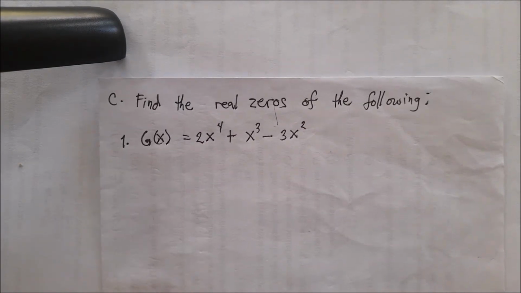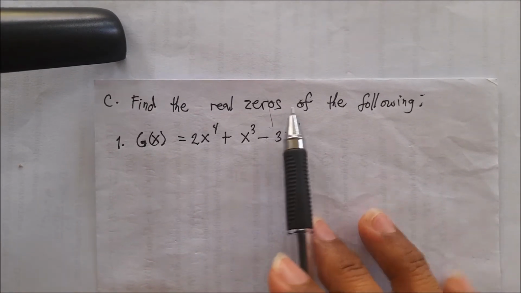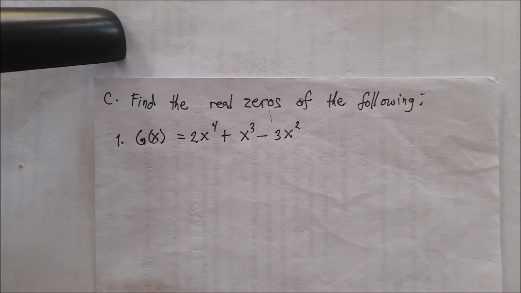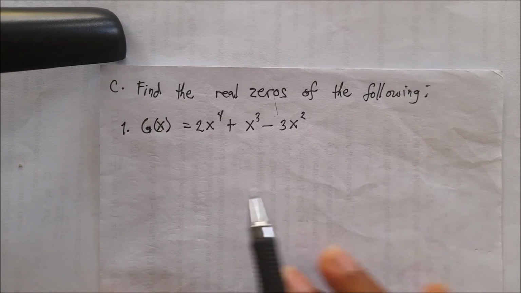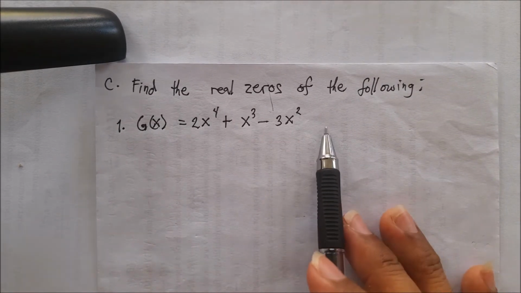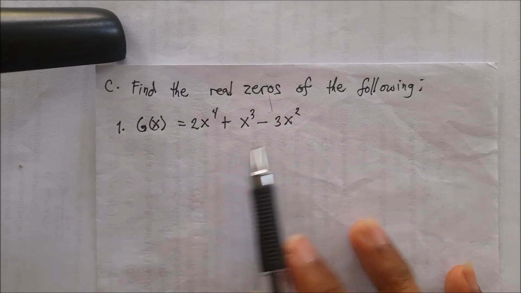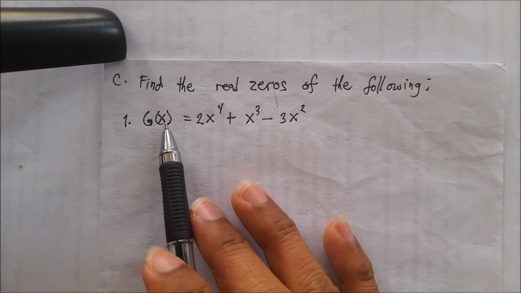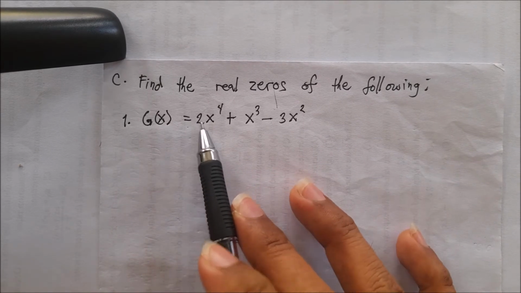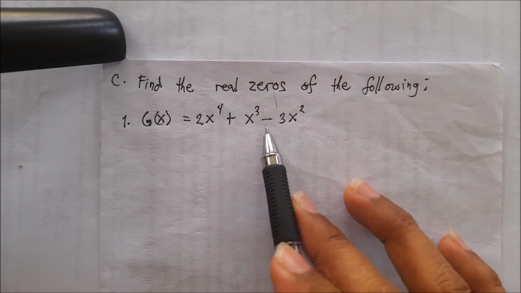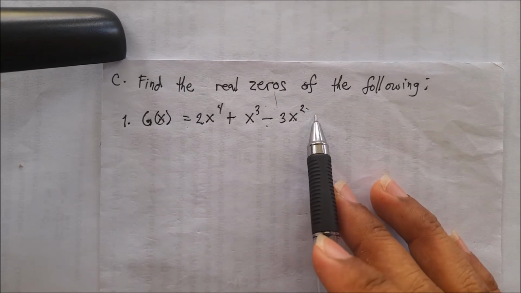Now the last question is to find the real zeros of the following. To find the real zeros, you can factor the given, or you can use synthetic division. G of x equals x raised to 4 plus x raised to 3 minus 3x squared. What is the factor?